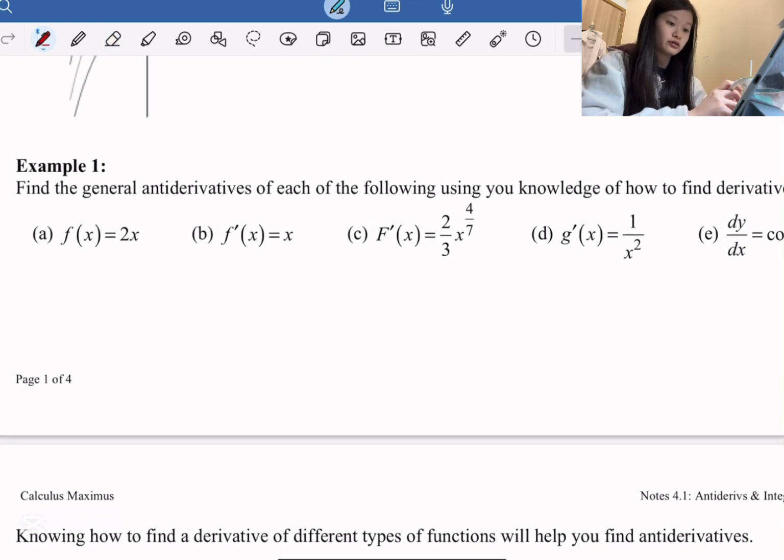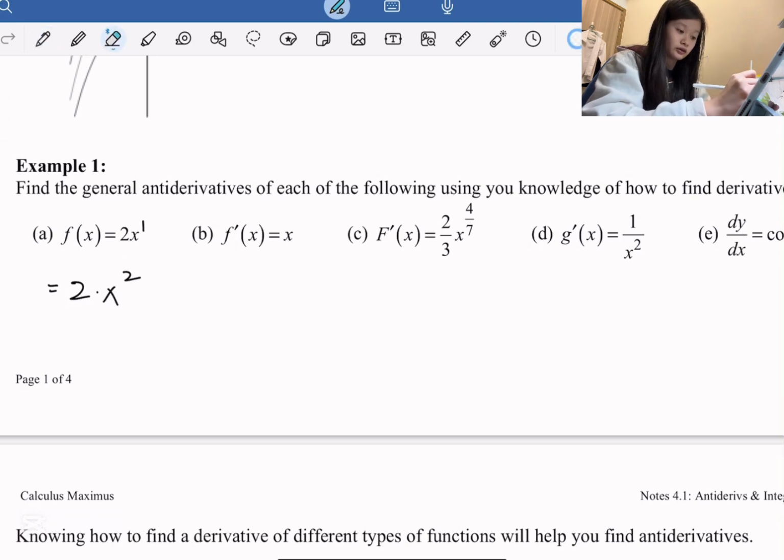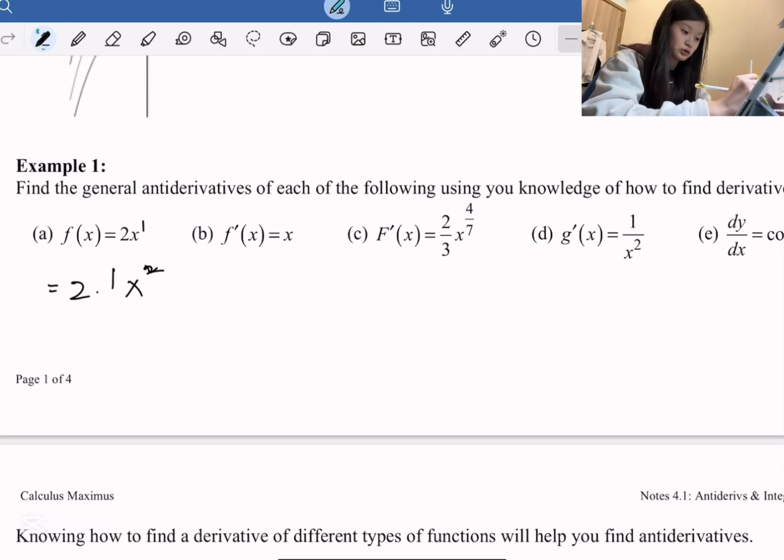Alright, continuing on. So let's do example 1. The antiderivative of that, there's a trick that I learned. For part A, you just take the constant out, and this is x to the power 1, so 1 plus 1 is 2, and the reciprocal of 2 is 1 over 2. So your answer would be x squared over 2.